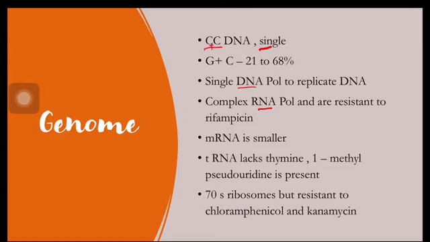And the tRNA lacks thymine. Instead of that, it contains 1-methyl pseudouridine. The tRNA has loops like the anticodon loop, DHU loop, T-psi-C loop and the amino acid attachment site.